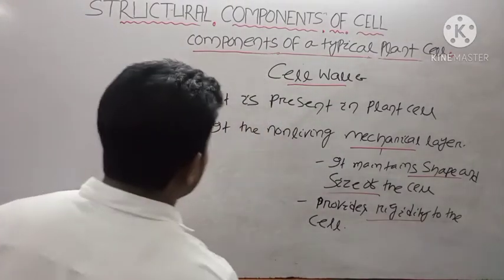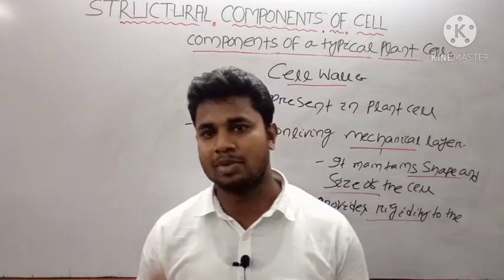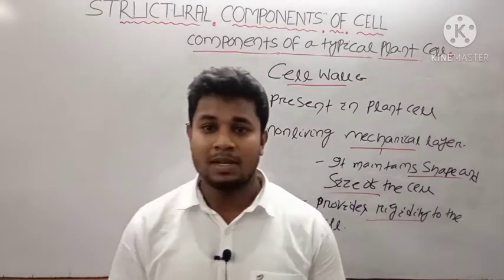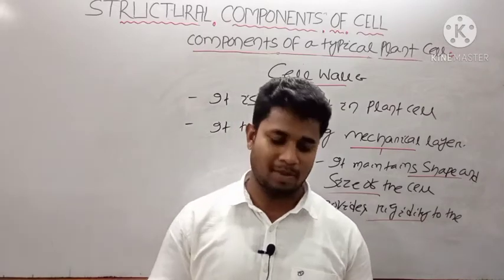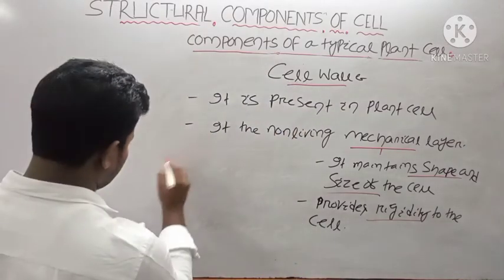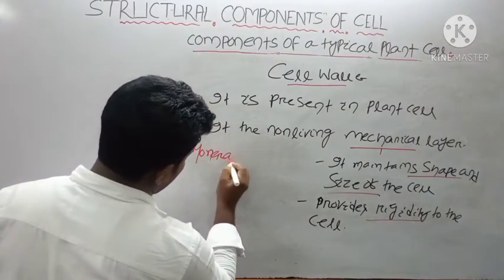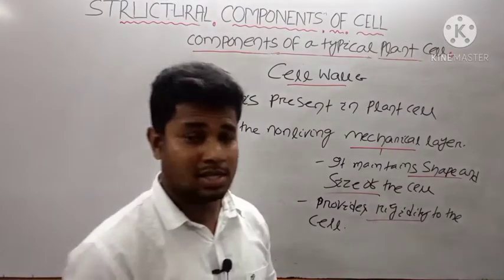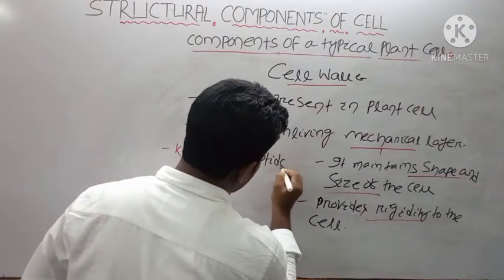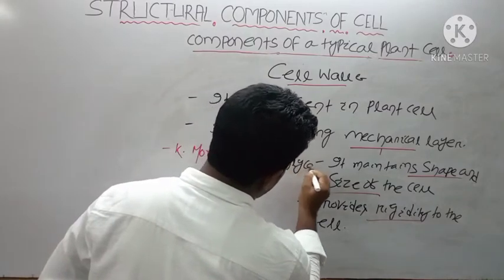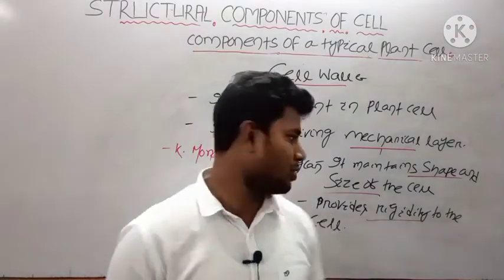Not every organism has a cell wall. If we consider the five kingdom system, we have Monera, Protista, Fungi, Plantae and Animalia. In kingdom Monera, which includes most of the prokaryotes like bacteria, the cell wall consists of peptidoglycan.